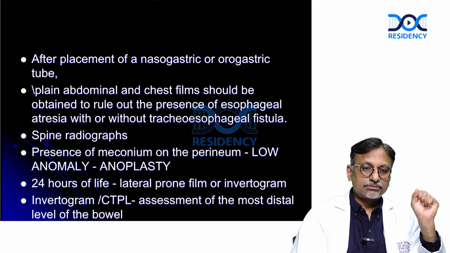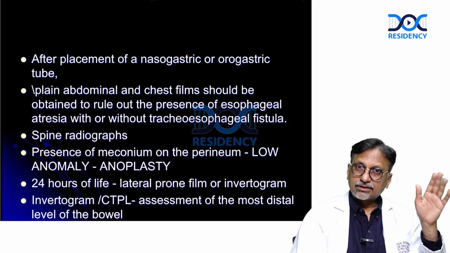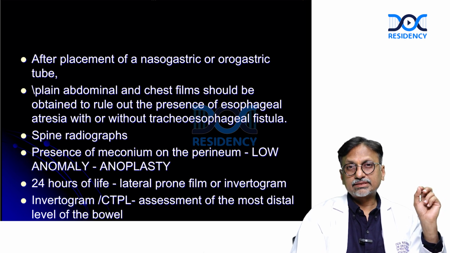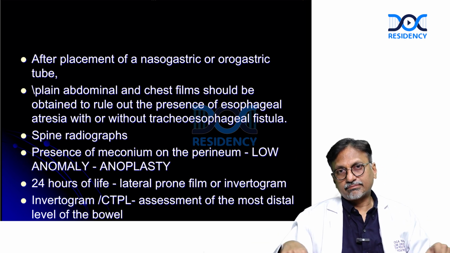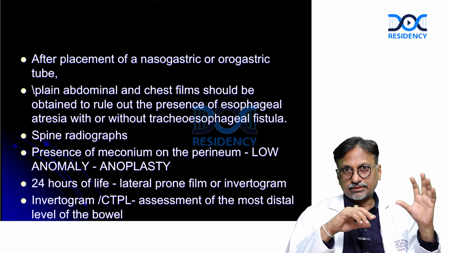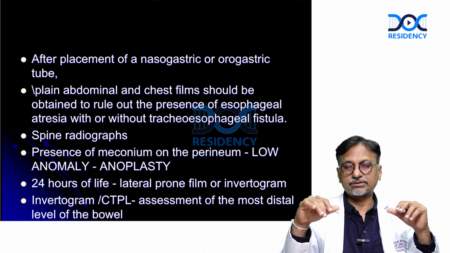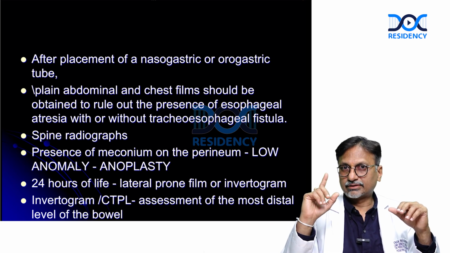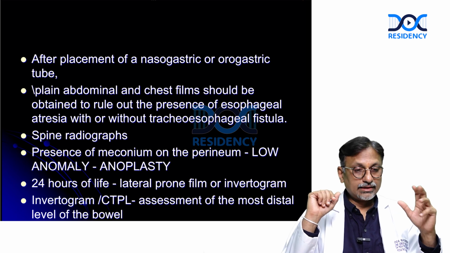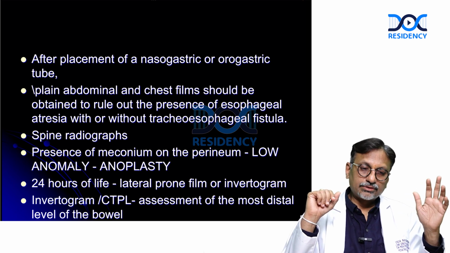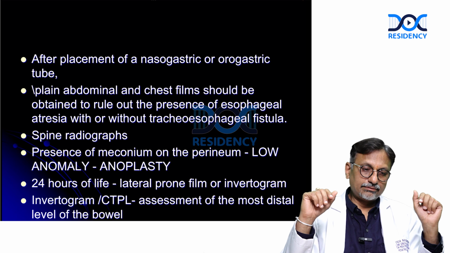Along with that, as I told earlier, we do a babygram or infantogram, where in one single frame we put the baby head to toe. We see the full radiological evaluation and get one assessment. Along with that, we do an ultrasound.